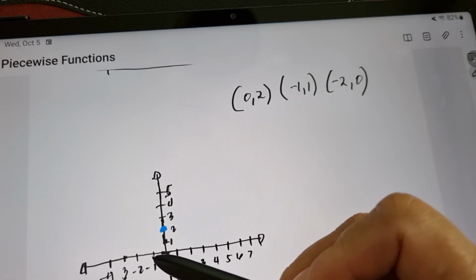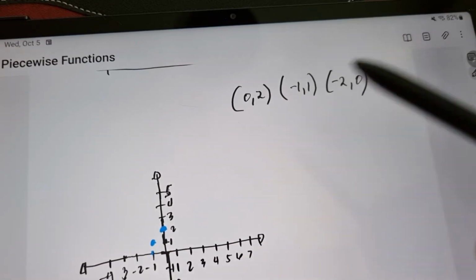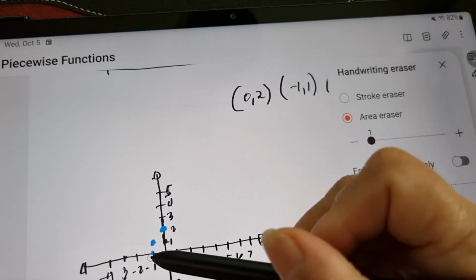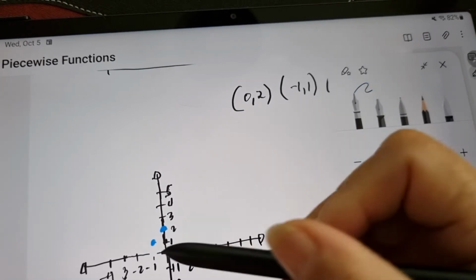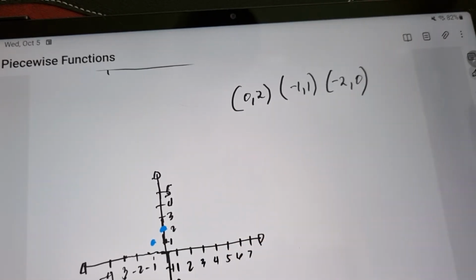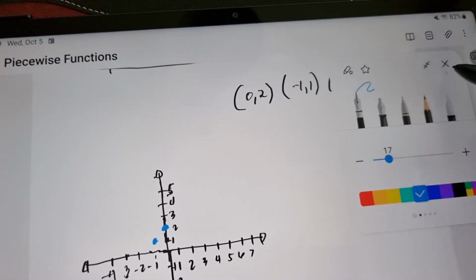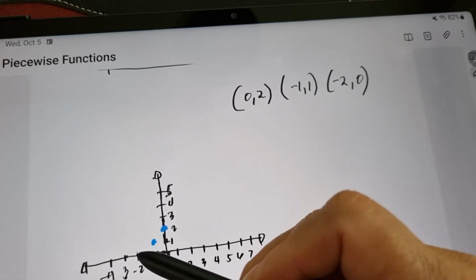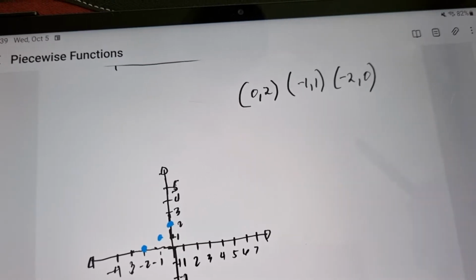Then negative 1, 1 here. Okay, so we have now, the next is negative 2, 0. So, dito naman yung pangatlong points natin. Okay.